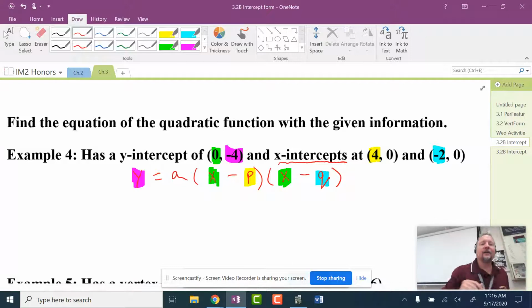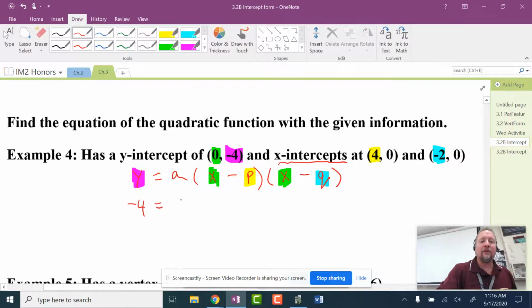Yeah, and then just like in vertex form, you plug in these numbers in these spots to find a. a is the one that says, if I were to graph this, what is the dilation? Actually, the term is dilation for those stretching or shrinking values of a. So that's what we do.